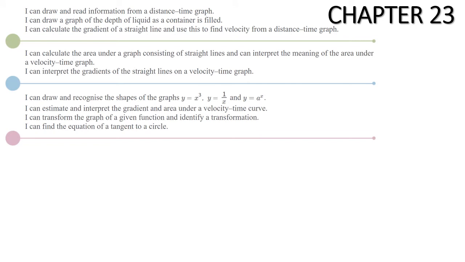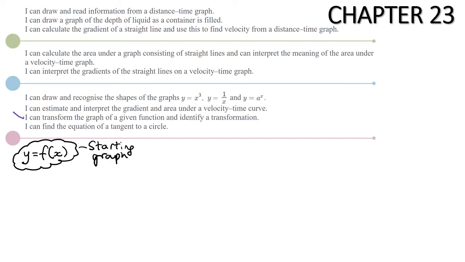Next is this topic here, transformations of graphs. Basically in these questions you're normally given a graph, and it's called y equals f of x. We're not given the equation, we're just told this is what the starting graph is. And you need to do some stuff to this graph.